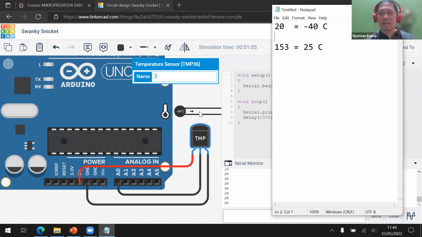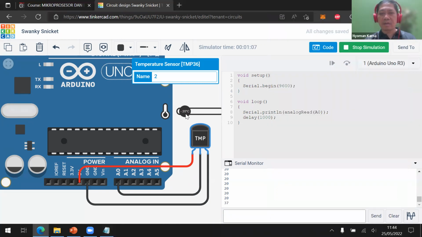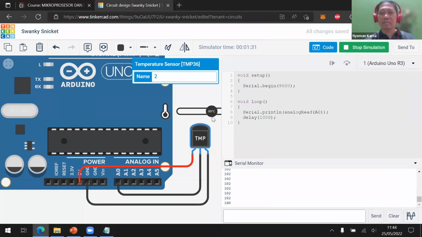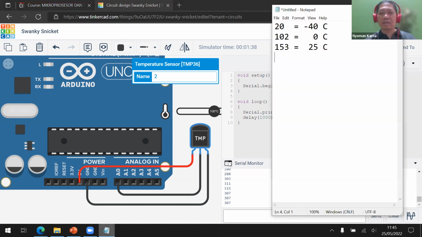And then how about 0 degrees Celsius? This one is 102. So 102 represents 0 degrees Celsius. Now, how about 100? Okay, 100 is 307.